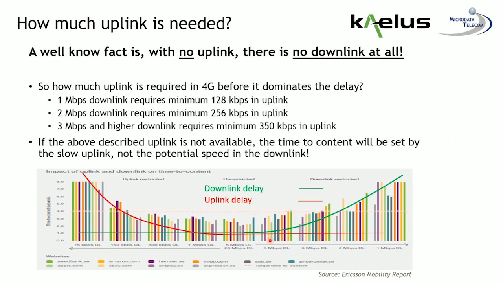We can see that the delay has increased slightly. Reducing the downlink now to 3 megabits, we can see how a few applications start to breach the 4-second line, and all the others start to be slower. 2 megabits, a few more applications breach 4 seconds, some of them still stay in acceptable performance.